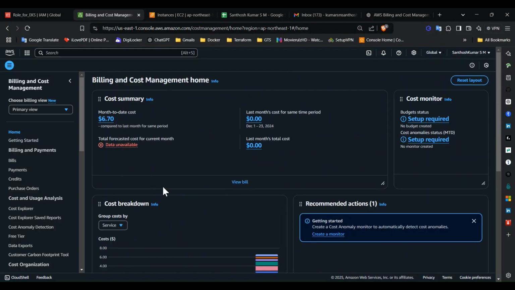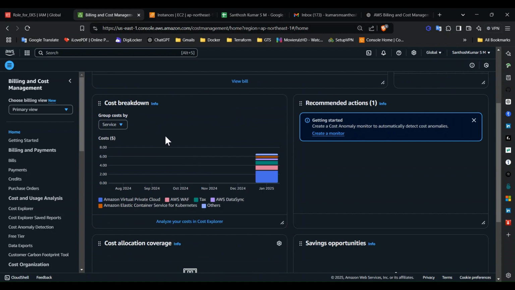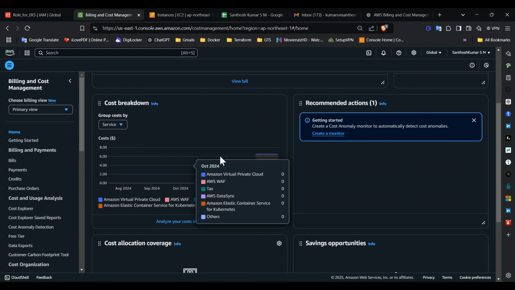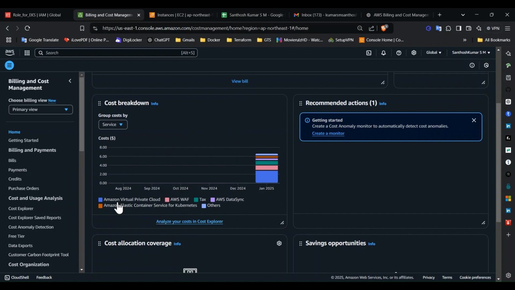Here you can see the AWS Billing and Cost Management dashboard, where you can find all your monthly bills. In my AWS account, this is my January month bill, which is $6.70. Here you can see the cost breakdown, which shows what services you're being charged for.